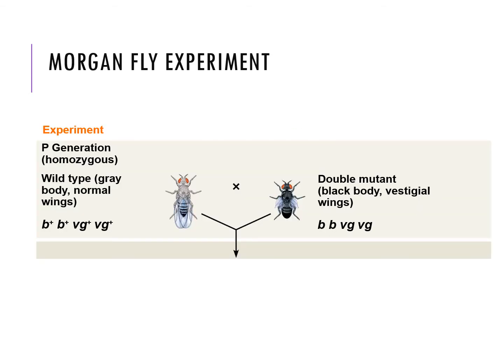Okay, so before we can get into any of the real details of our Morgan fly experiment, we have to talk a little bit about what a normal Drosophila melanogaster looks like and the notation that we use specifically for fruit flies. So here's my fruit fly. It has a giant compound eye. It's got a pair of antennae. It has a mouth part for eating fruit.